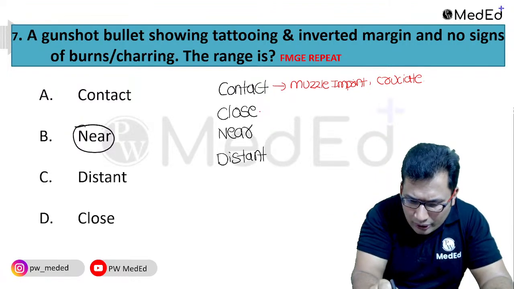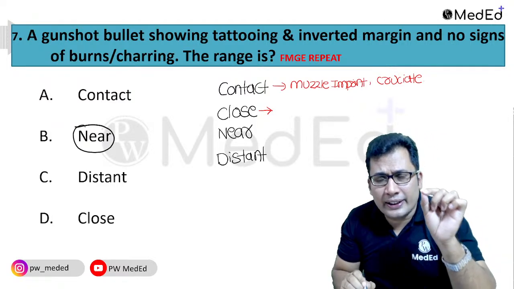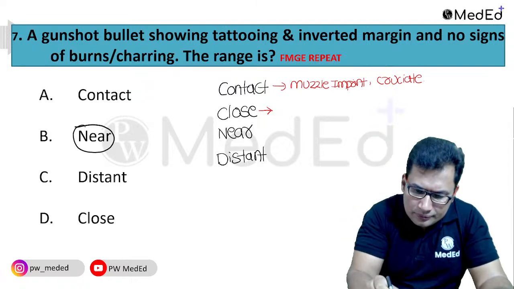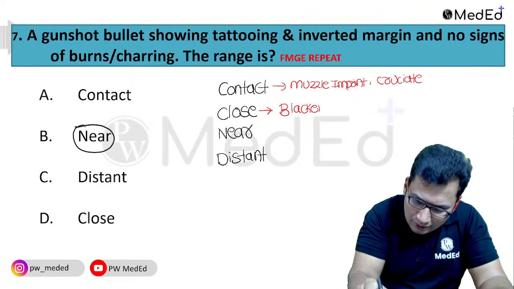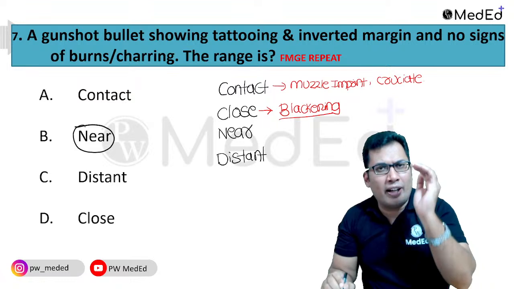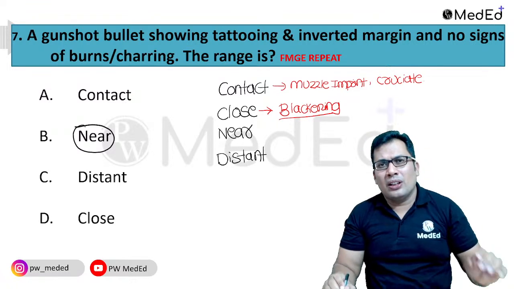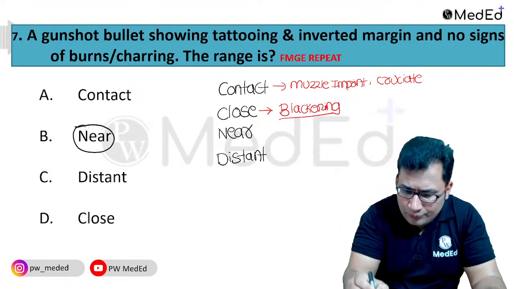Second, close shot. In close shot, the characteristic finding will be blackening. Why is blackening produced? The blackening is because of smoke particles.